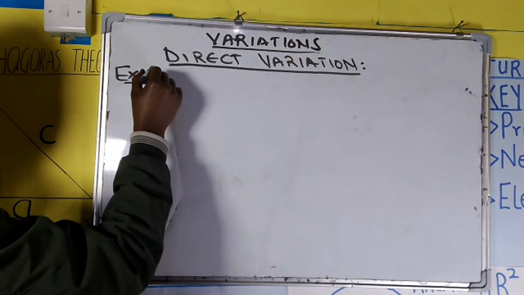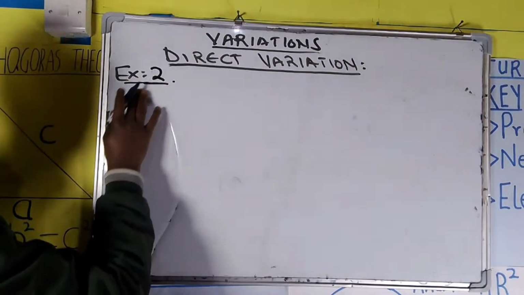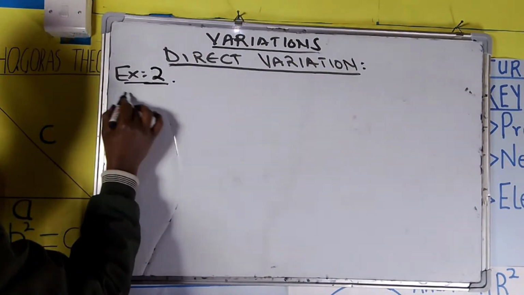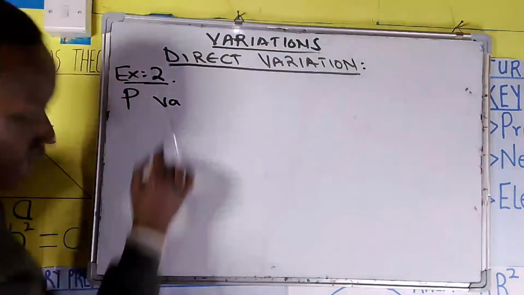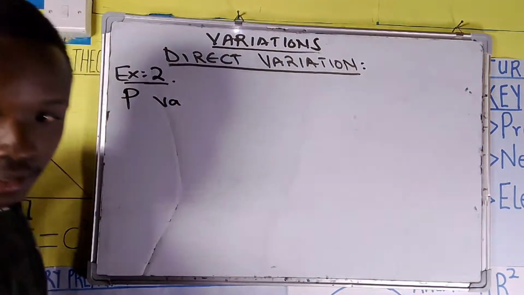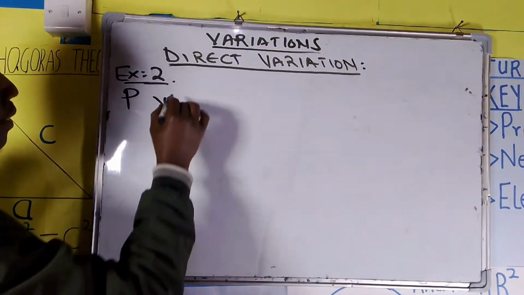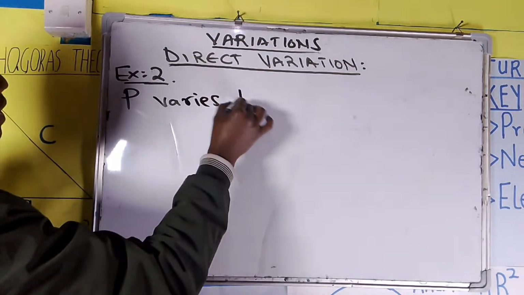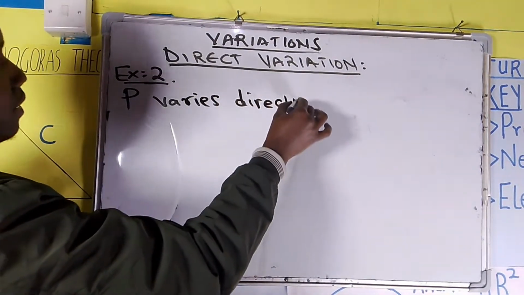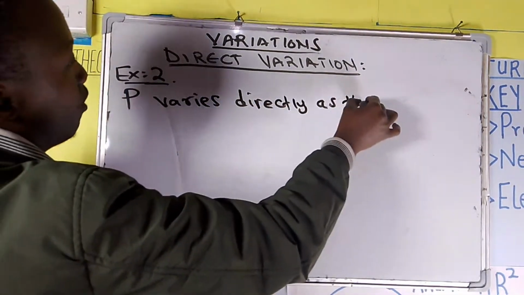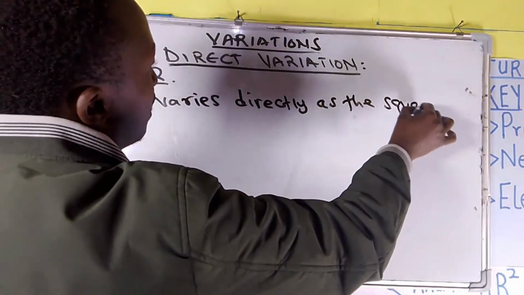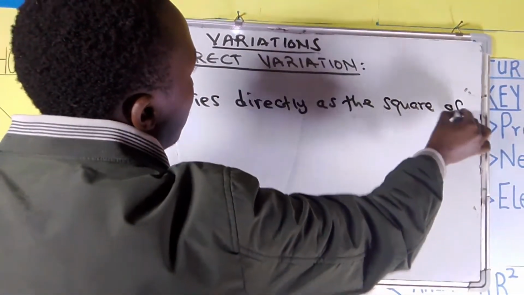Example 2. P varies directly as the square of Q.